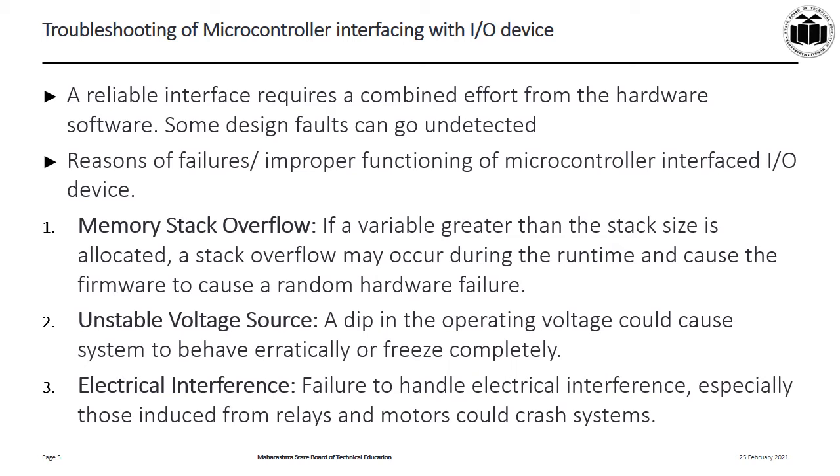Electrical interference can also cause failures to the microcontroller systems. This usually happens from the electrical interference from relays and motors. So proper insulation of the systems has to be taken care of. Op-amp can be used to separate the systems.